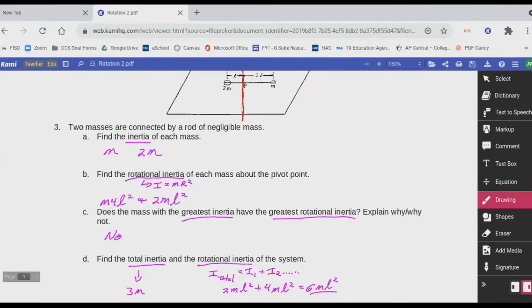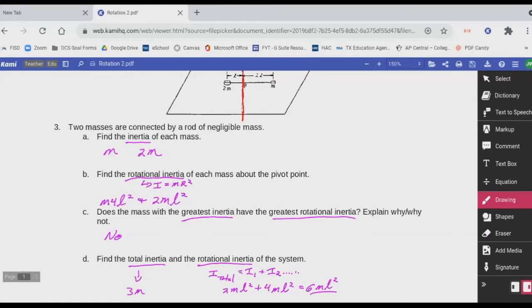Could you please repeat how I equals mr squared becomes? Okay, so someone's asking if I could repeat how. I equals mr squared. For the small mass, what's the mass? It's m, isn't it? Okay, so we have m. Then r squared. What's the distance that m is from the pivot point in the picture? It's 2L.